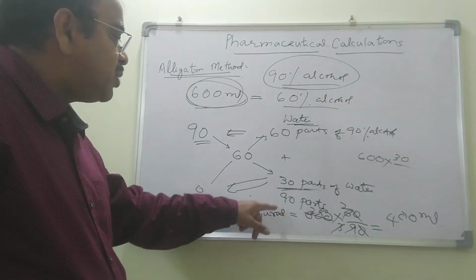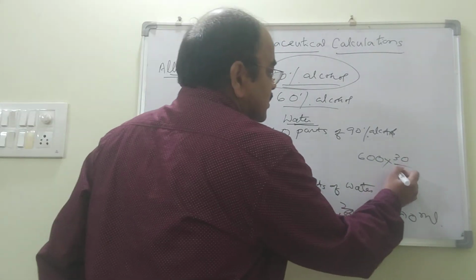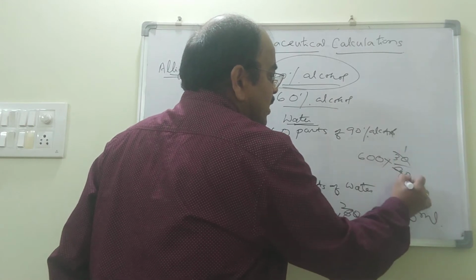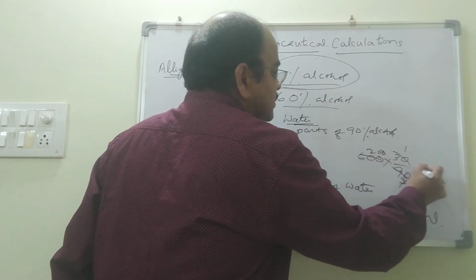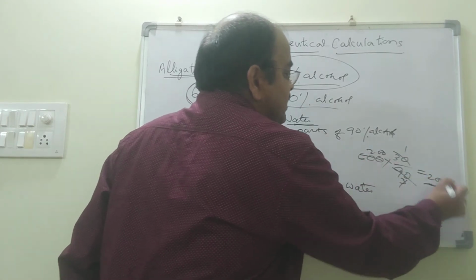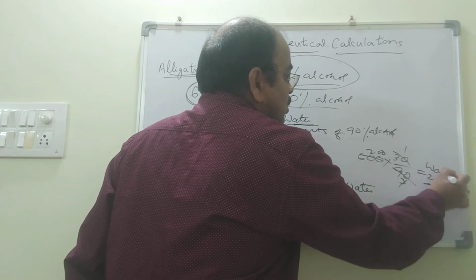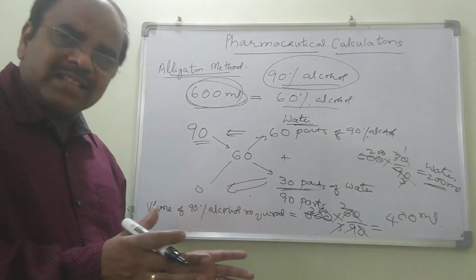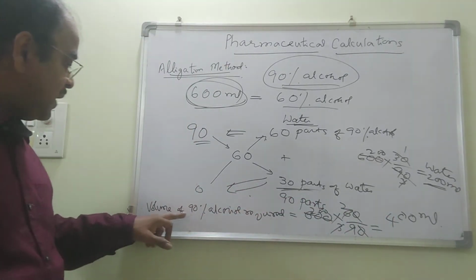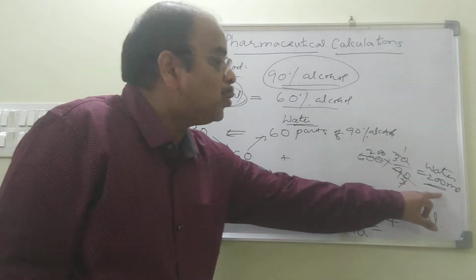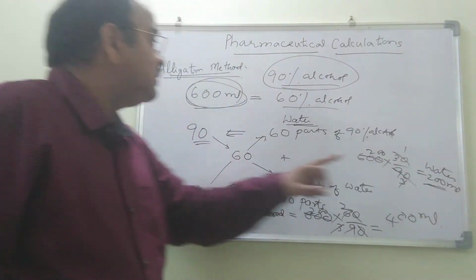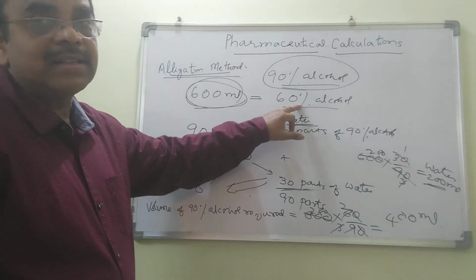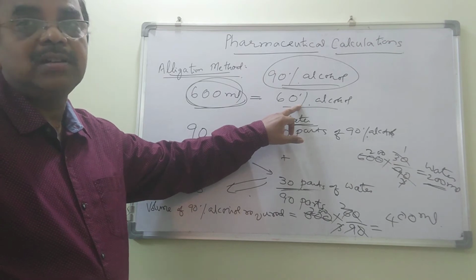How many parts are there in total? 90 parts. 1 by 3, 200. This is water. So we have to mix 400 ml of 90% alcohol with 200 ml of water to get 600 ml of 60% alcohol. Your purpose is done here.